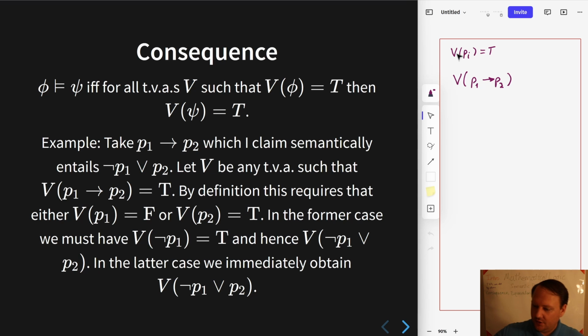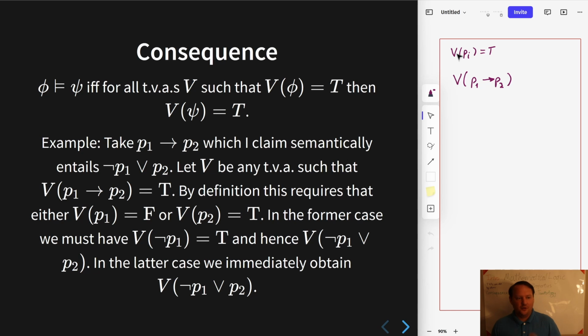Let's see an example. If we take the sentence "if P1 then P2," I claim that this entails, in fact it's equivalent to, but we'll get to that later, the sentence "negation P1 disjunction P2." By the way, notice I am now writing things in infix notation, which we really take to be syntactic sugar for prefix notation.